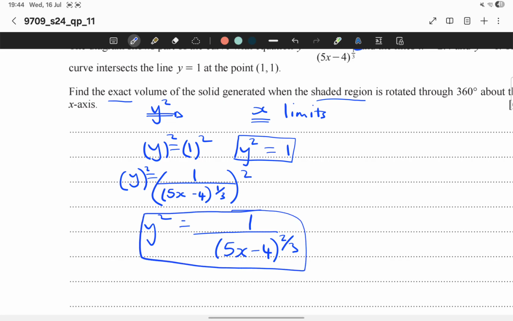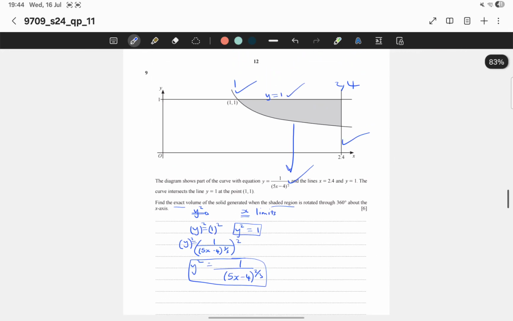We know y equals 1 is the line on top, meaning we take its y squared value minus the y squared value for the curve, since the curve is below.